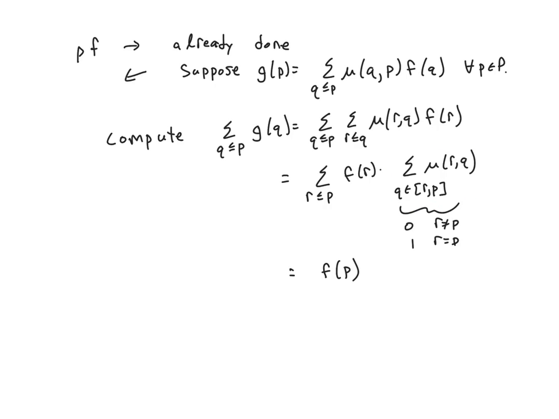And again, this is either 0 when r is not equal to p, and 1 if it is equal to p. So for the terms r where this is 0, 0 times f of r is 0. And so the only term in the summation that survives is when this is 1, when r is equal to p, and then you just get f of p in that case. And so again, you get this operation.